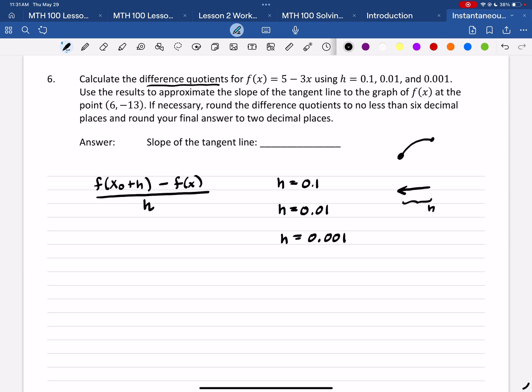Now, they do give us an x value that we're going to start with as a 6. So x sub 0 is 6. That's where they want us to find the slope of the tangent.